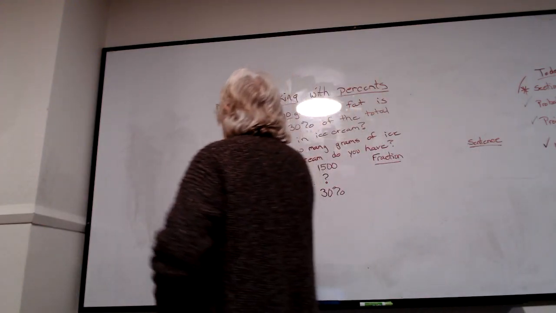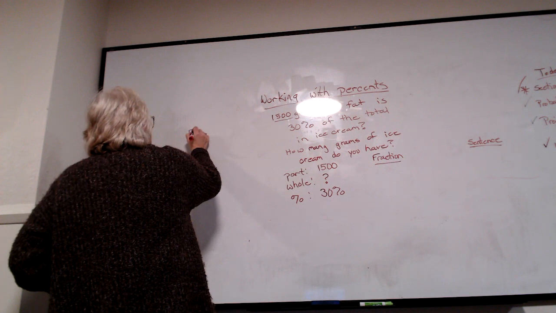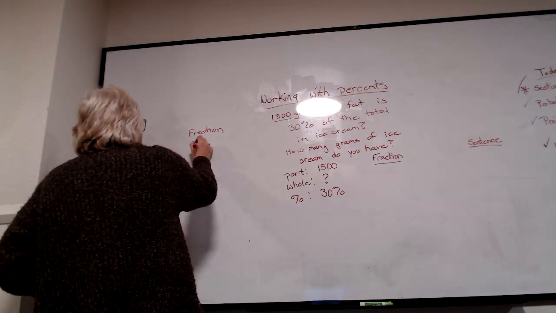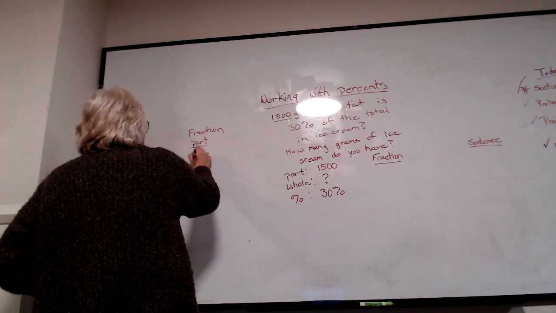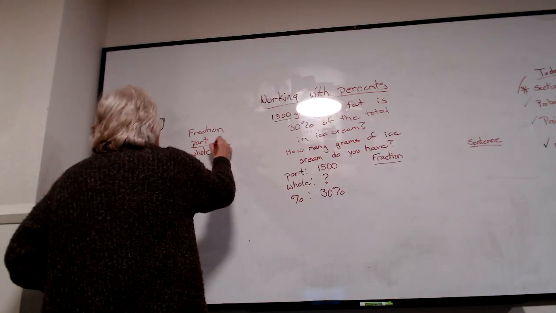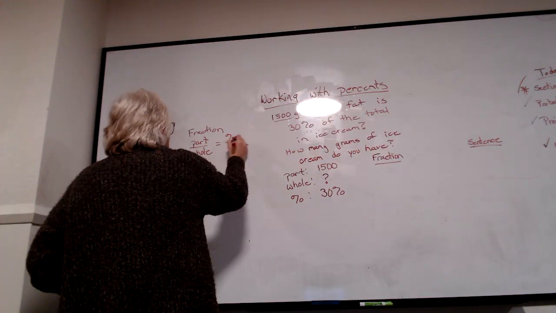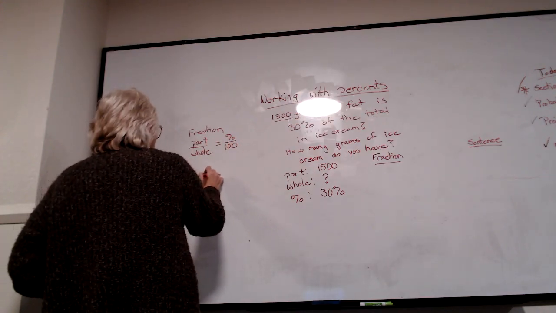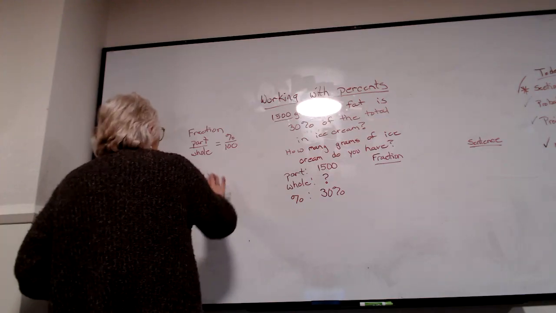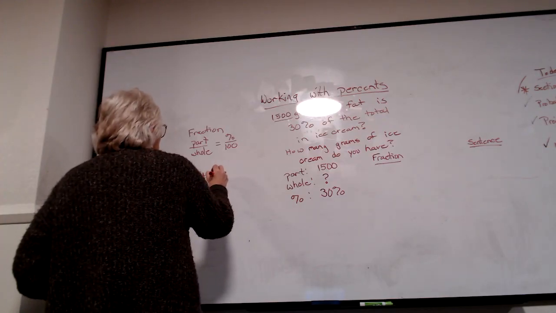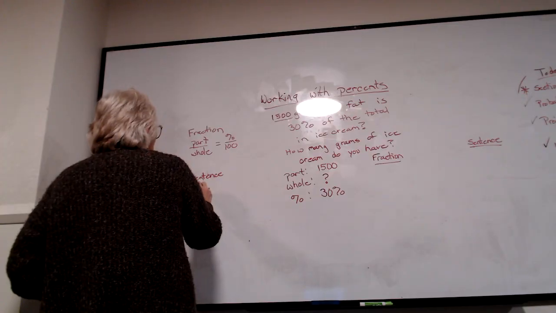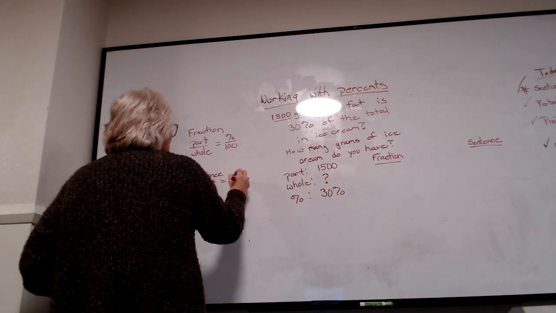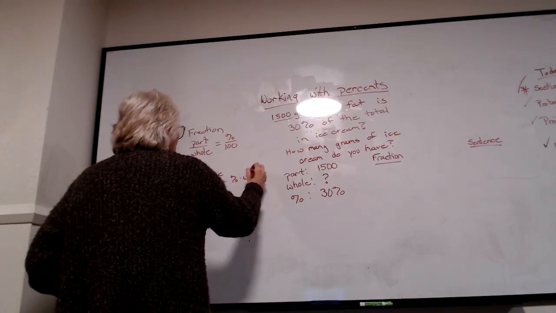Here's the fraction: part over whole equals percent over 100. The sentence: the part equals the percent times the whole.